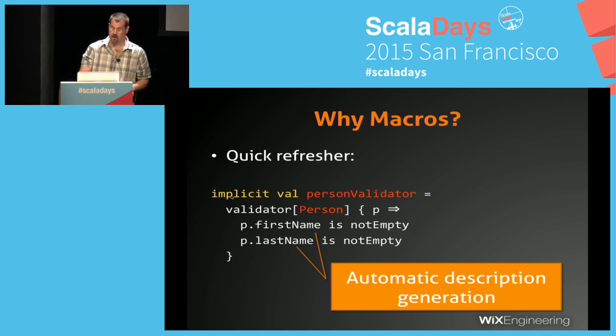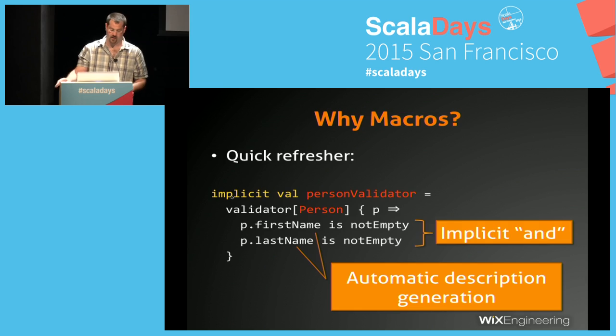The second thing that the macro transform in Accord does is it adds an implicit AND rule. The result of the transformation is not actually an imperative code block that tests this, does something, tests the other rule, does something, and so on and so forth.